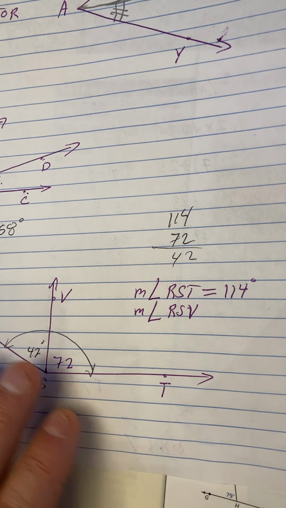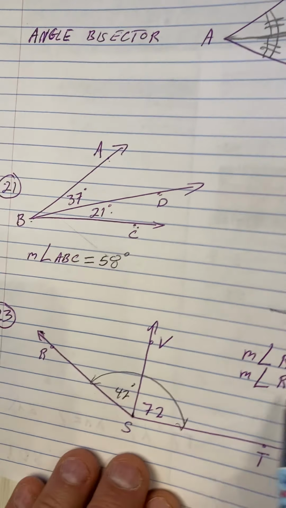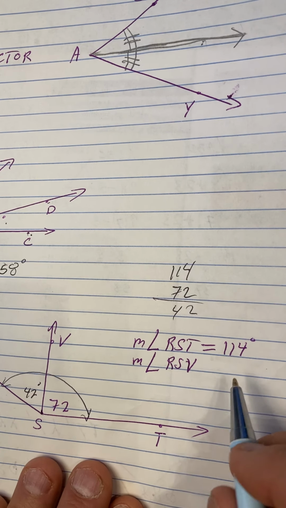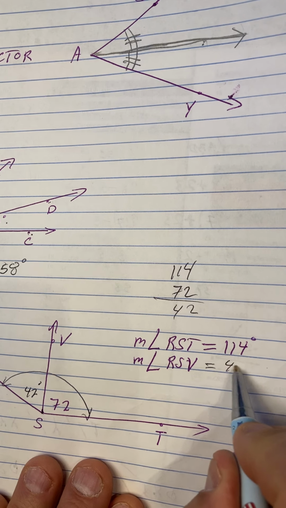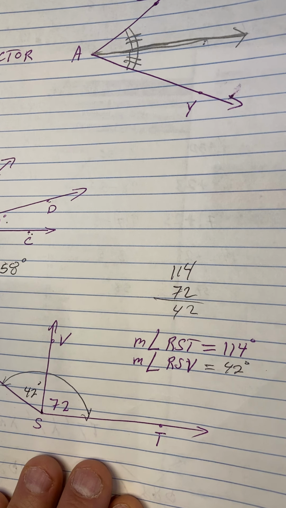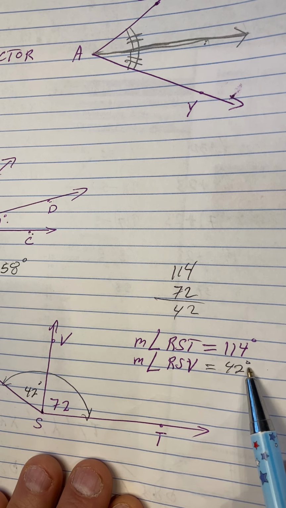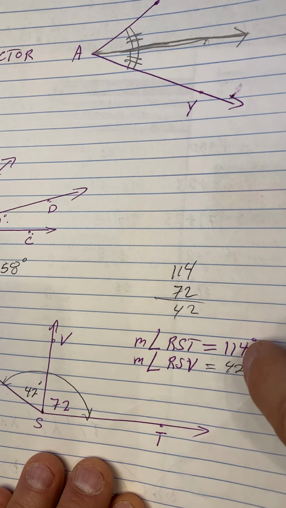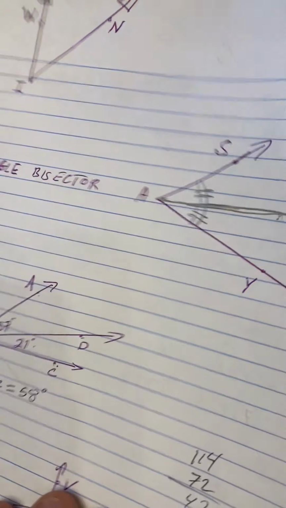So the answer for question 23, the measure of angle RSV, from R to S to V, is 42 degrees. Make sure you have that little symbol right there. It means degrees. Otherwise, it's just naked units.